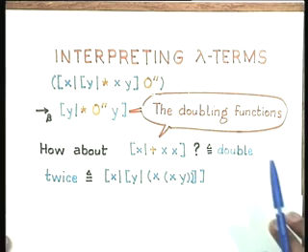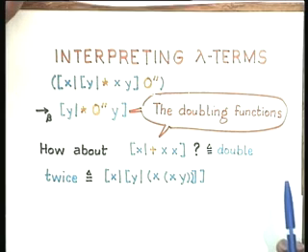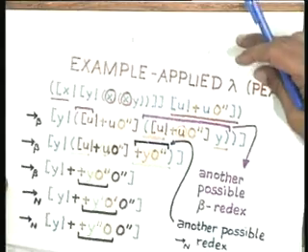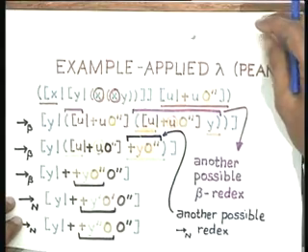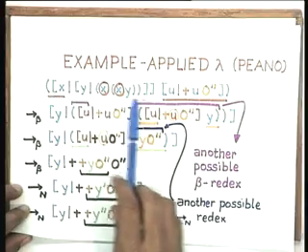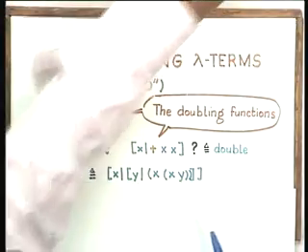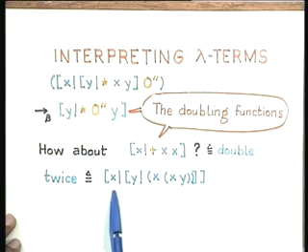Now if you look back at this previous example, we could actually give a name to this function. So I am taking this lambda term and I am calling it twice, right. So it is lambda x, lambda y, x applied to y, right.